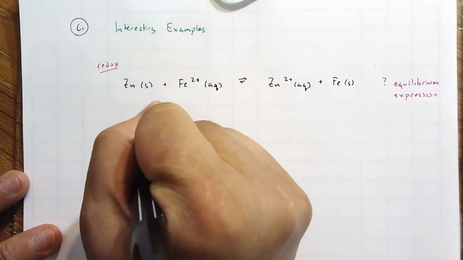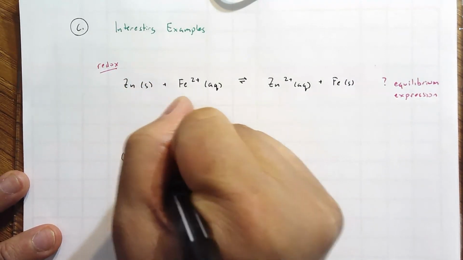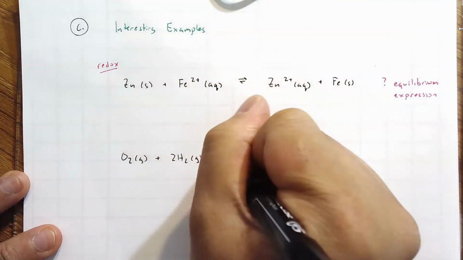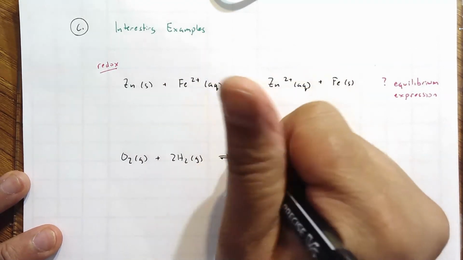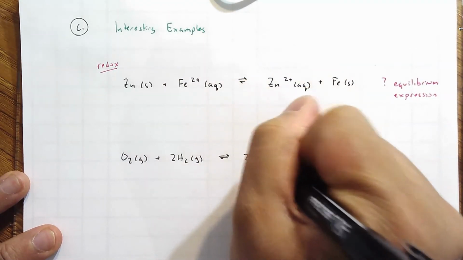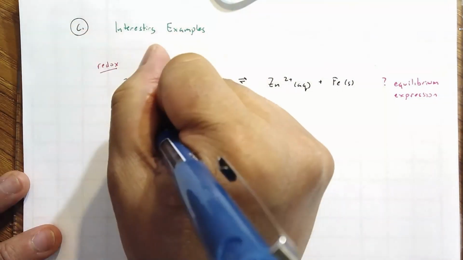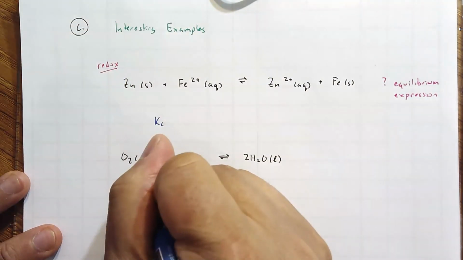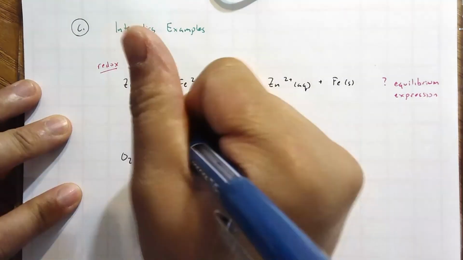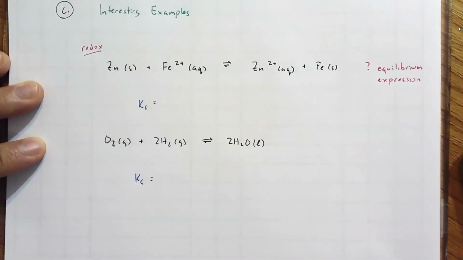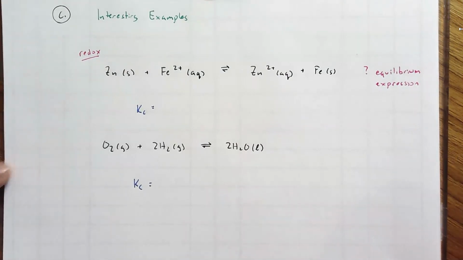O2 gas plus 2H2 gas goes to 2H2O liquid. Alright, go ahead and pause the video and test yourself. Give me the equilibrium expression for those two reactions.